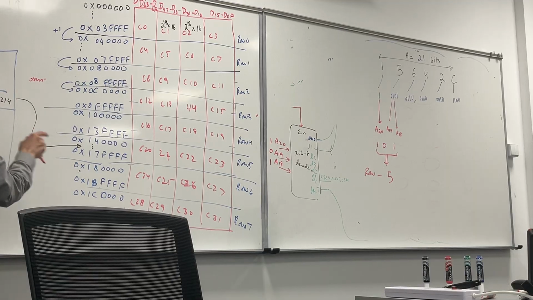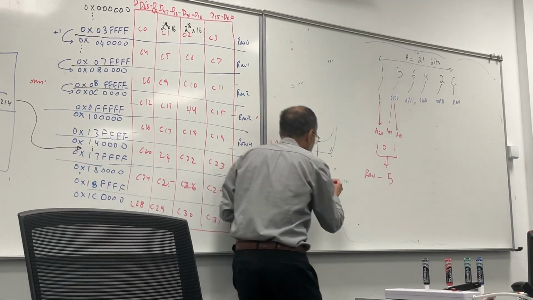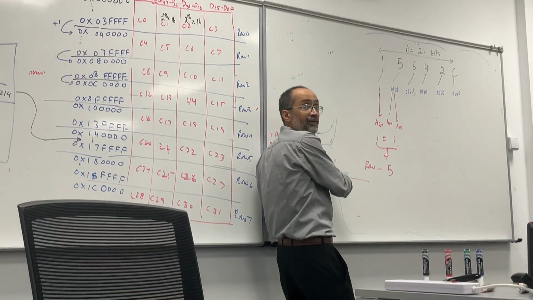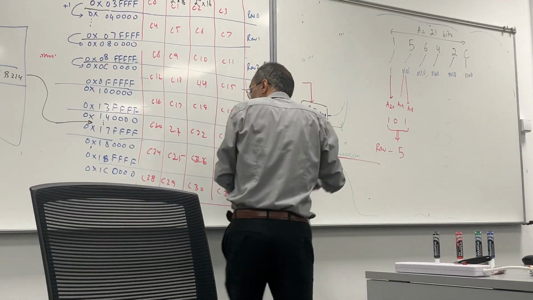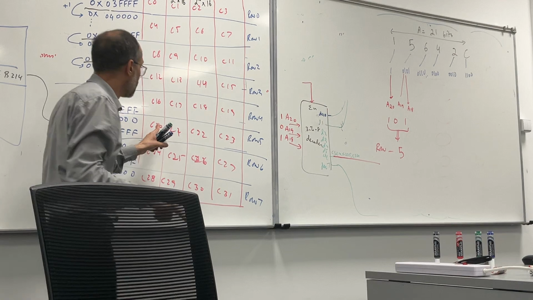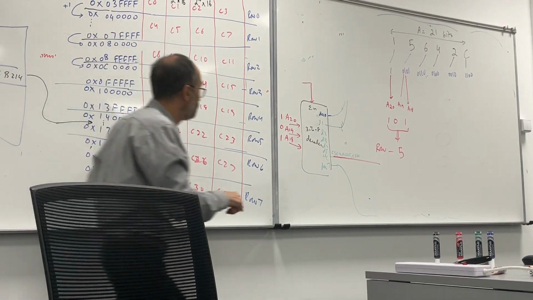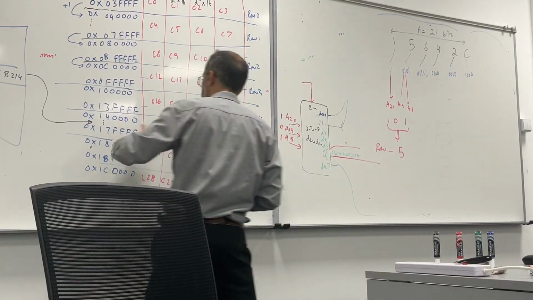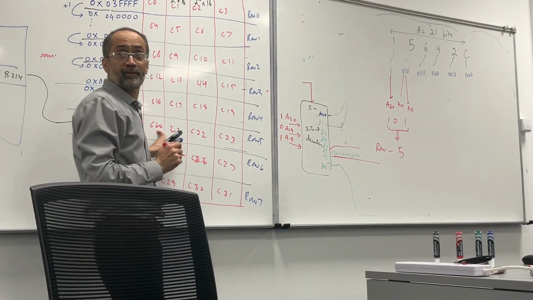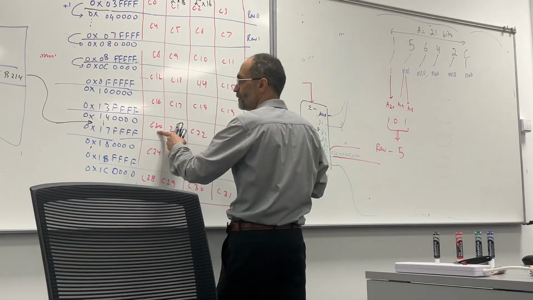Please remember it is 101, so it means that D5 will be 1. When D5 is 1, which chip will be enabled? C20?